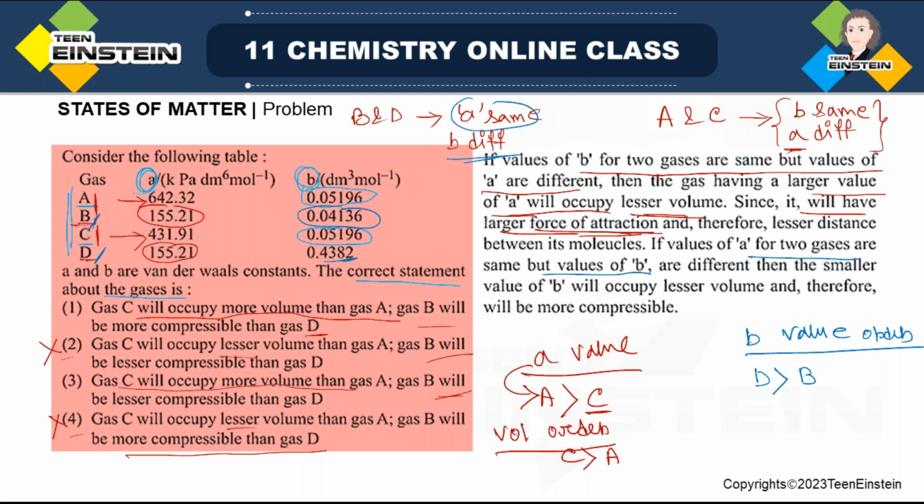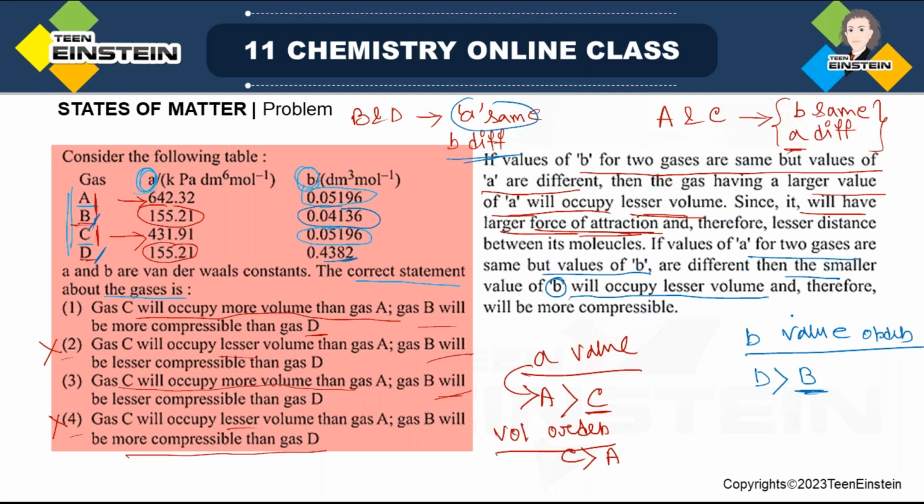In this case, the smaller value of b will occupy lesser volume. That you can understand directly, because b is directly related to the particle volume, so if this b value is less, it will obviously take lesser volume.